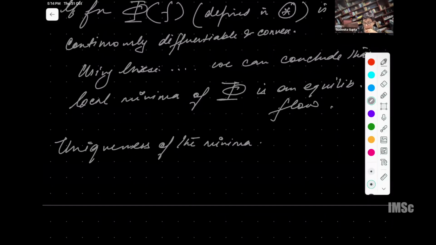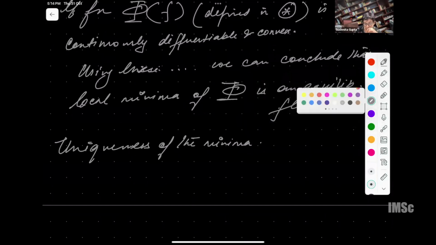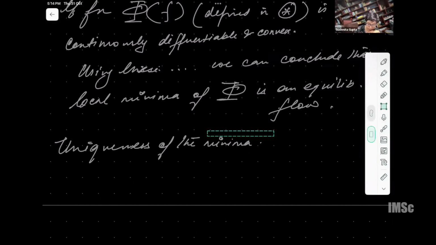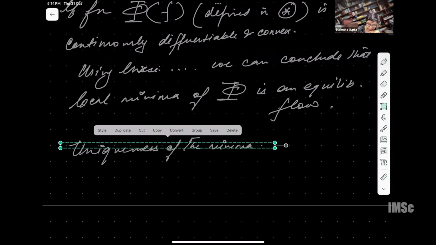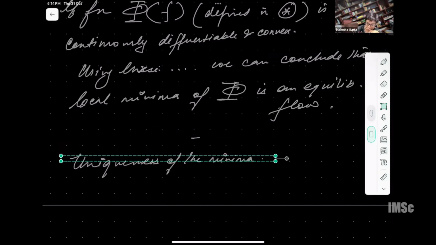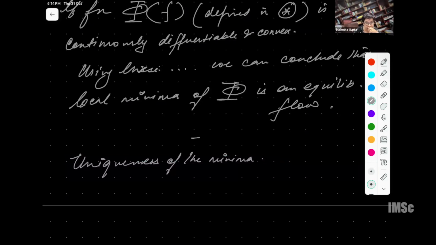What can I say about the global minima? Anybody? Can you use the property of convexity of phi?